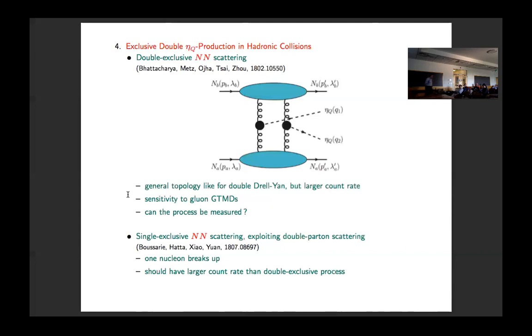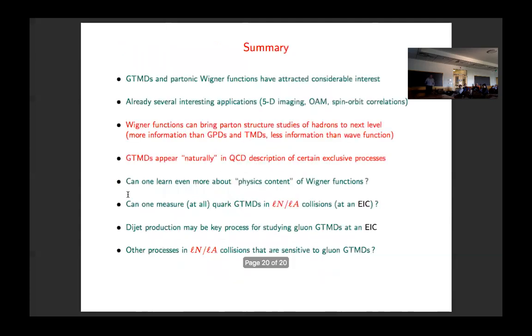Okay. So yeah, for the sake of time, I should summarize. The GTMDs, partonic Wigner functions, have attracted considerable interest. Several interesting applications have been identified. I want to emphasize this point here. I think that Wigner functions can bring parton structure studies to the next level.